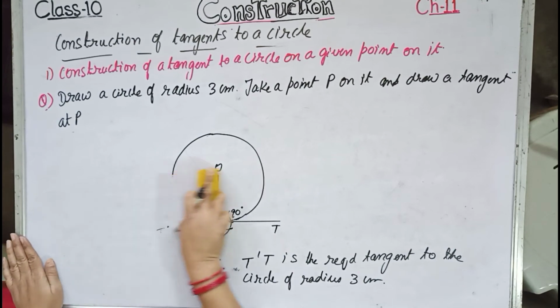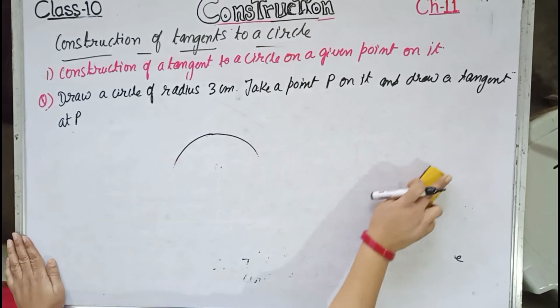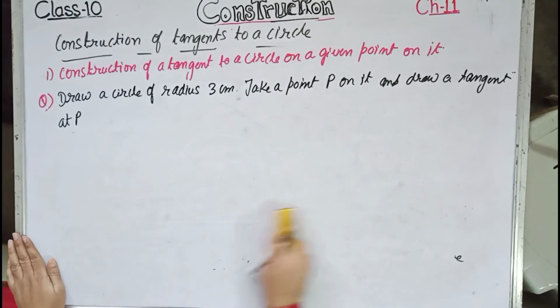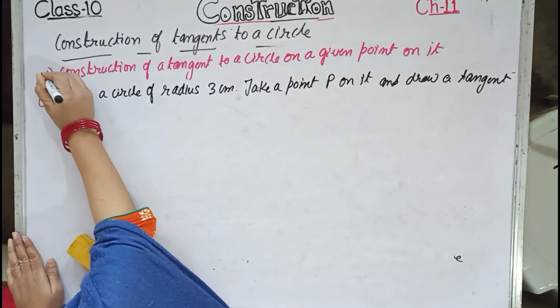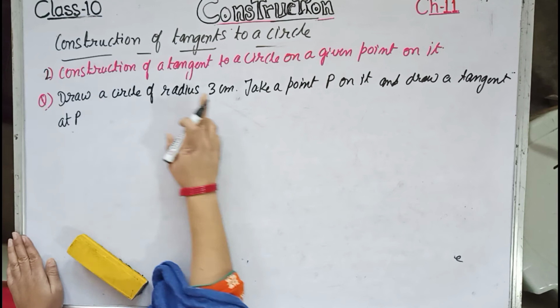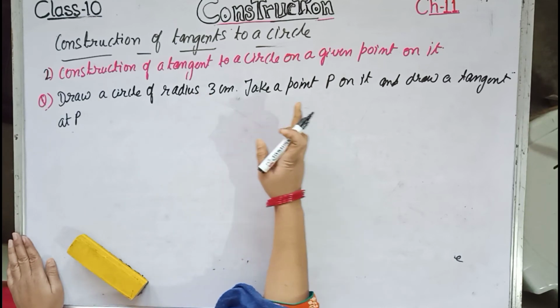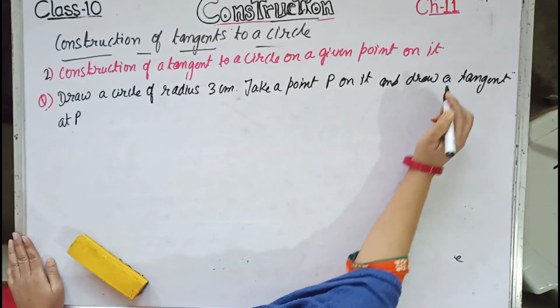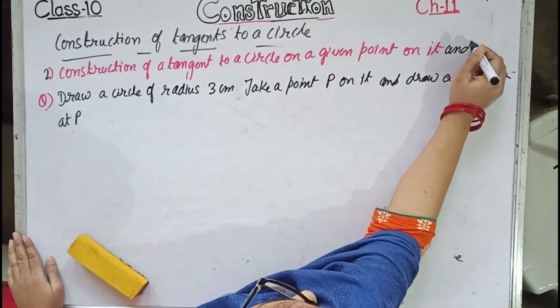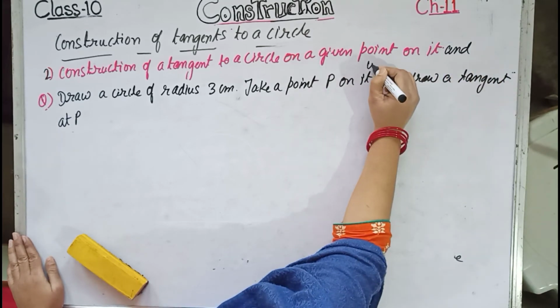Let us move to second type of construction. Number 2. Construction of tangent to a circle on a given point on it and without using the center.